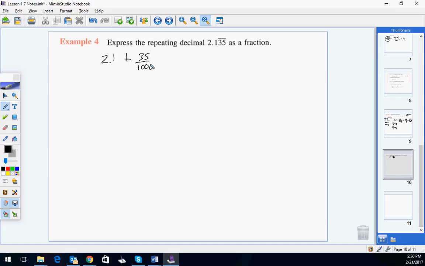Plus 35 over 100,000. Plus 35 over 2 more zeros, 10 million, and then etc.